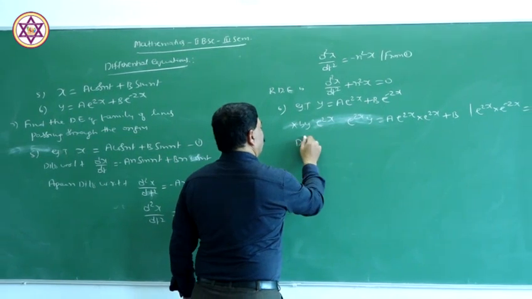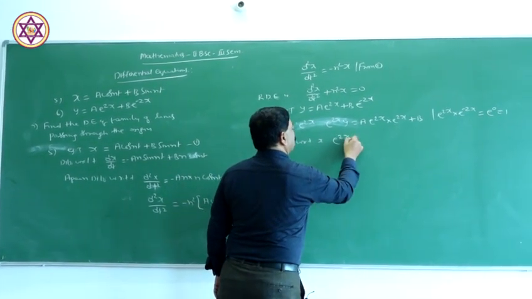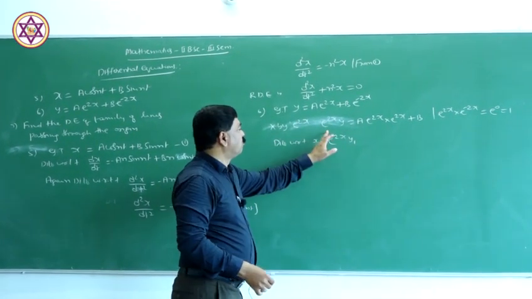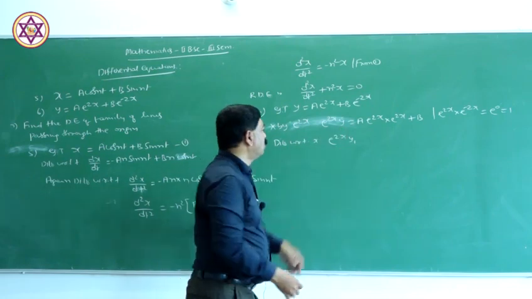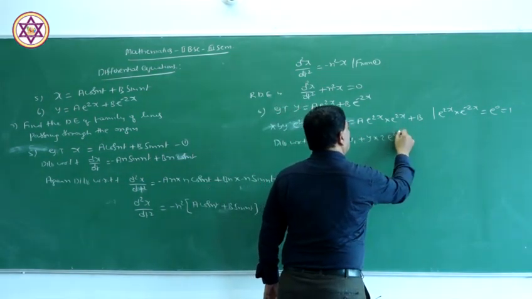Next, differentiate with respect to x. I am using the product rule: first into derivative of second, plus second into derivative of first. So y1 plus y into 2 e power 2x.